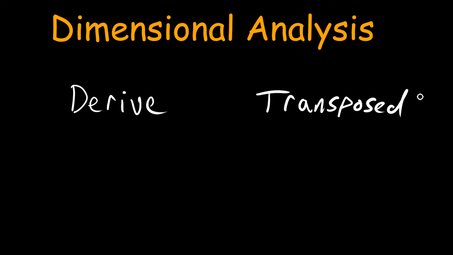Now, in classical mechanics, we're going to focus on three main dimensions, which are length, mass, and time. And many physical quantities can be described with just these three dimensions in classical mechanics. So first of all, we're going to transpose an equation that we have and test whether we've done it correctly with dimensional analysis.